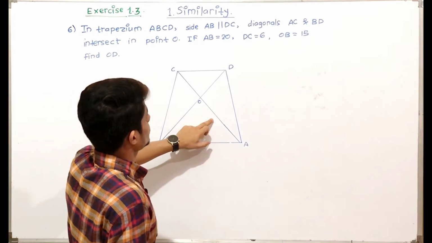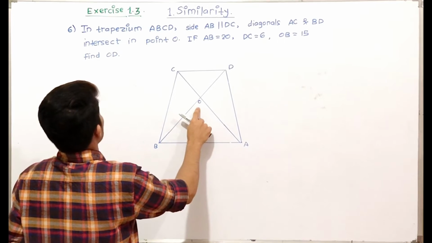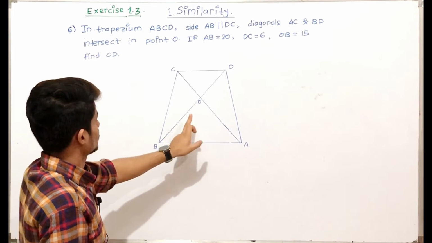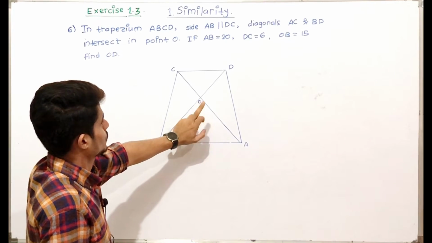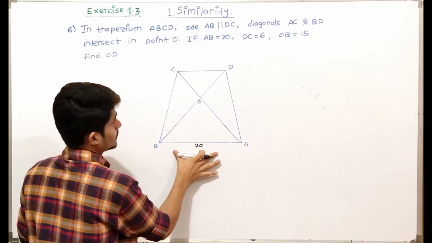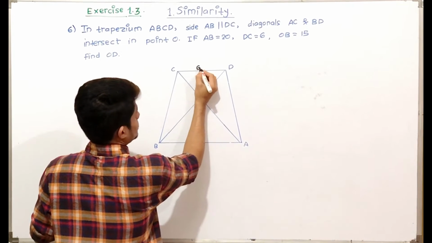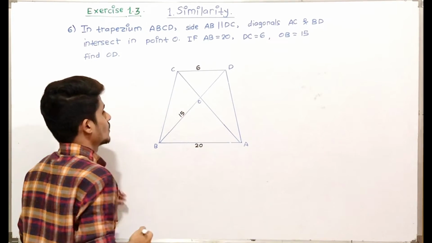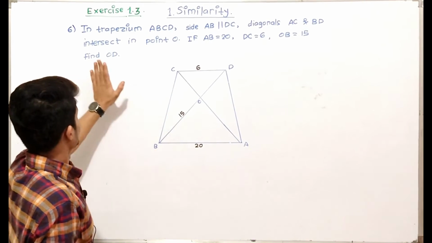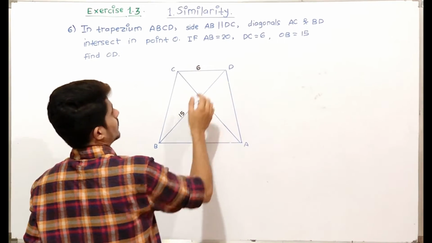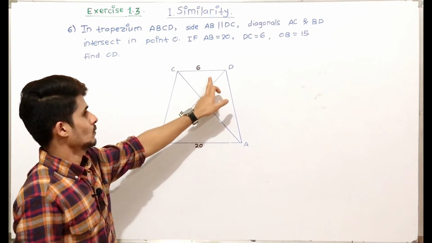Diagonals AC and BD intersect at point O. If AB is 20, DC is 6 and OB is 15, find OD. We have to find the value of OD.